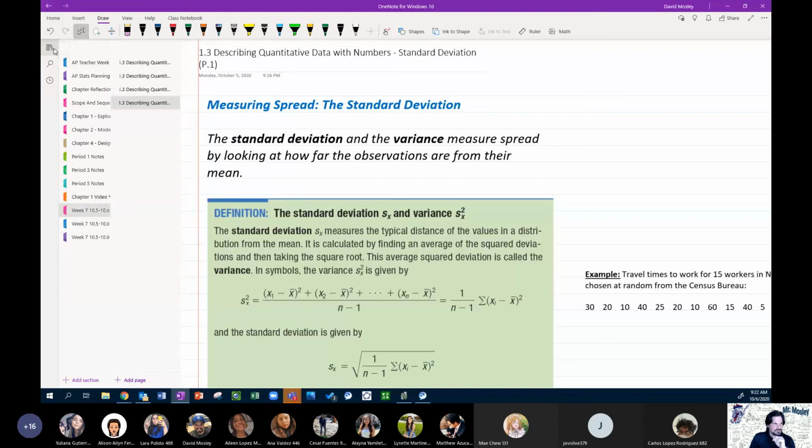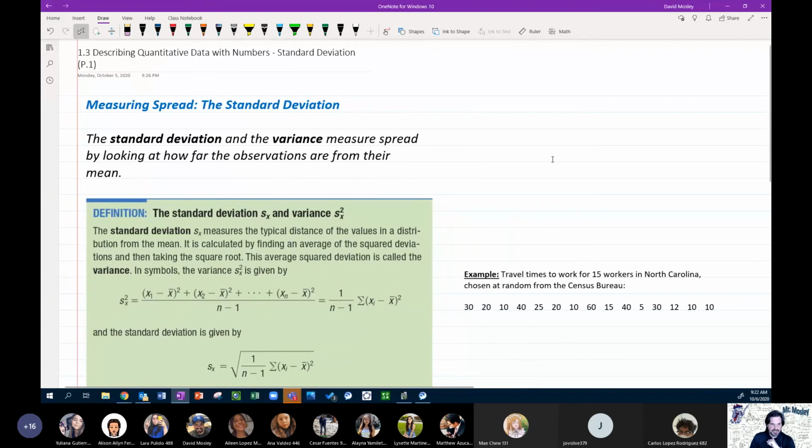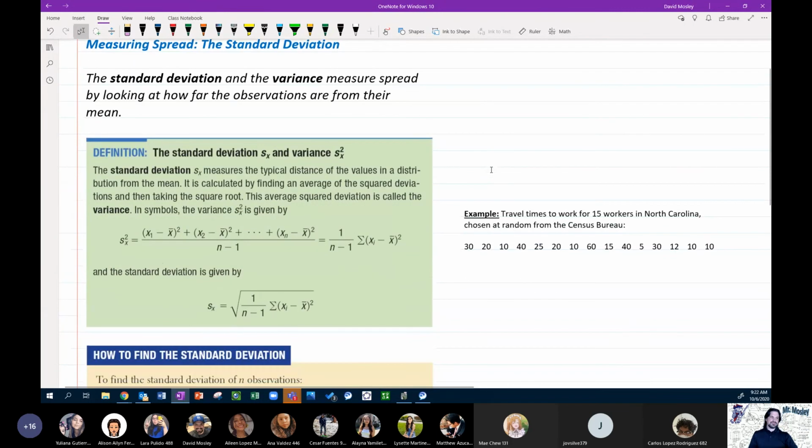I'm going to quickly touch on the standard deviation, but I'll go into actually explaining how to calculate it next class. Your calculator will find this for you. That's the only reason why I'm going to mention it. Standard deviation and the variance measure spread by looking at how far the observations are from their mean.